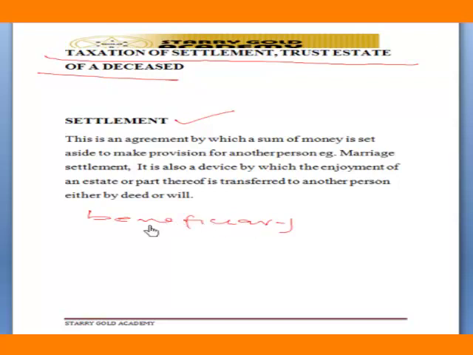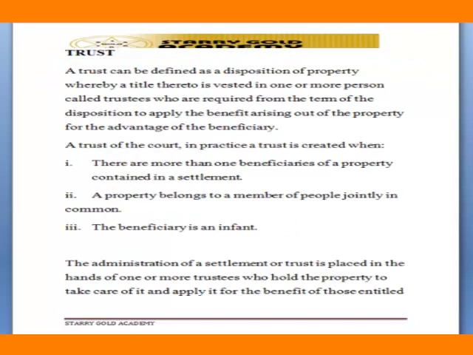Now let's move on to another part of the lecture by looking at what a trust is. What is a trust? In a trust, there's usually a person or persons called trustees.